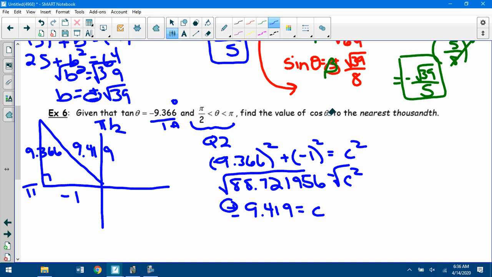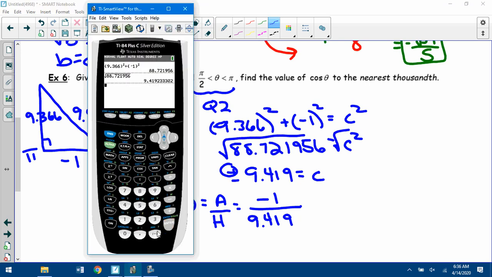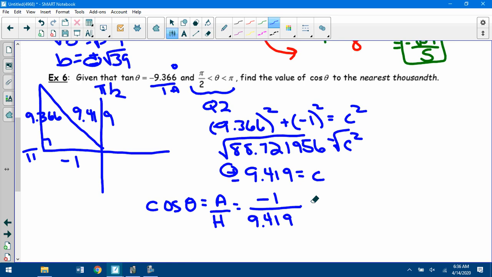They want me to find cosine of theta. So cosine of theta, which is adjacent over hypotenuse to the nearest thousandth, would be negative 1 over 9.419. Make that to the nearest thousandth by putting it in the calculator. And our answer is negative 0.106.